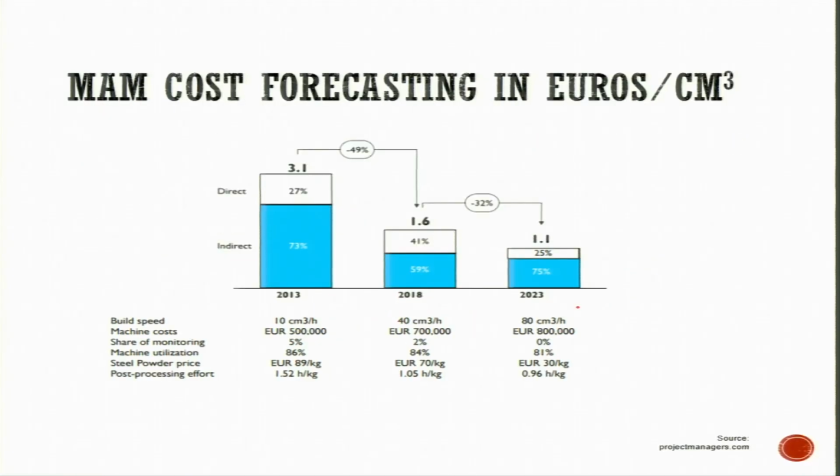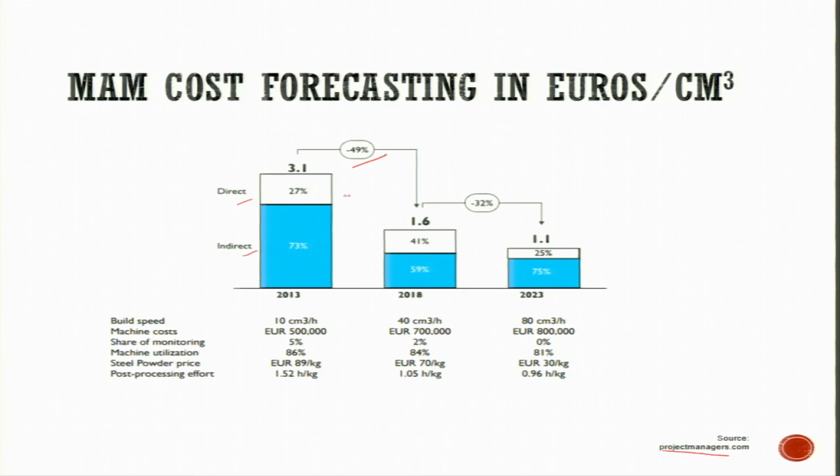So, metal additive manufacturing cost forecasting in euros per centimeter as given by the source project managers. They say from 2013 to 2018 there has been 49% reduction of the cost in the direct and the indirect cost combined.